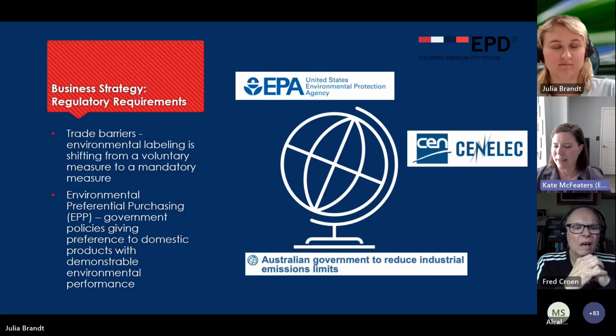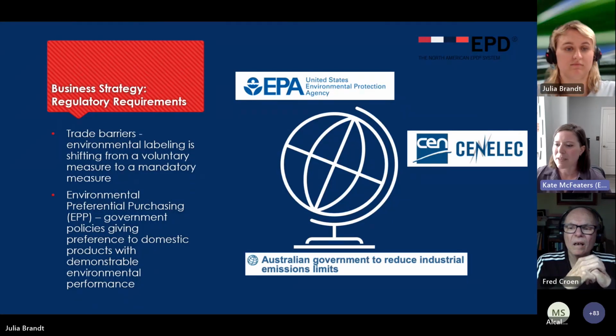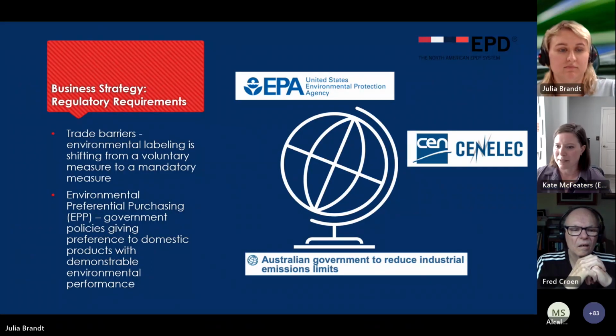So an example would be in the US, the federal and state level Buy Clean programs. The EU's moving more towards requiring EPDs across product categories for general consumption, and then examples of governments putting limits on the emissions of industries or buildings or services.